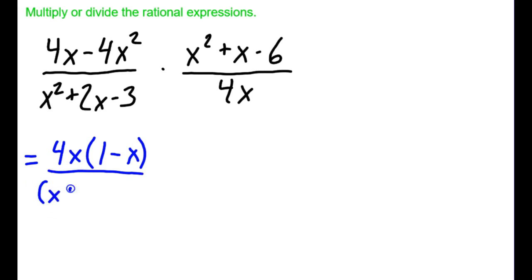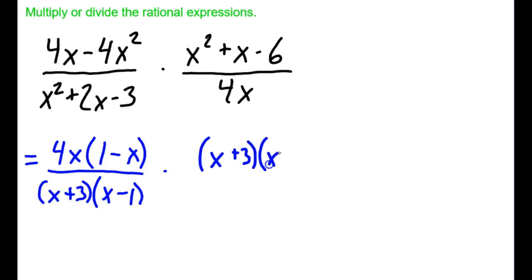This will be x plus 3 times x minus 1. Then I'm multiplying. Now I want to factor the numerator, x squared plus x minus 6. So factors of negative 6 that when I add together give me a positive 1. This will be x plus 3 times x minus 2. All divided by 4x, cannot simplify.